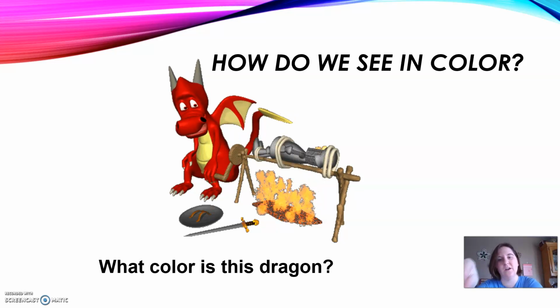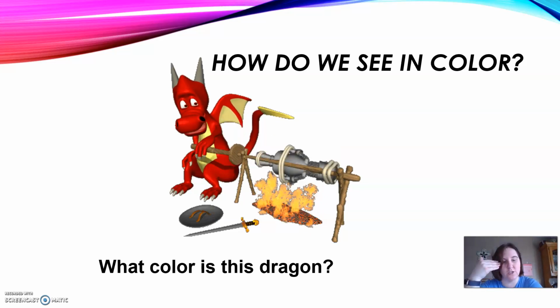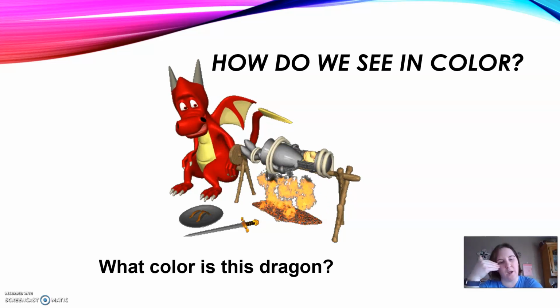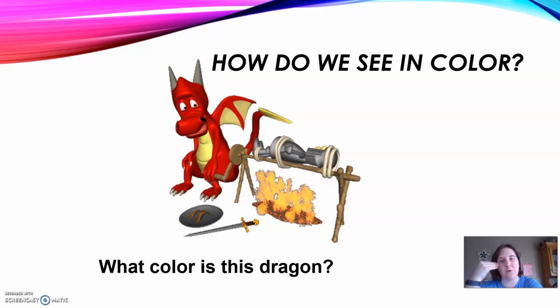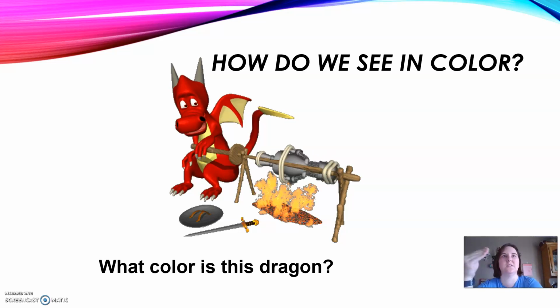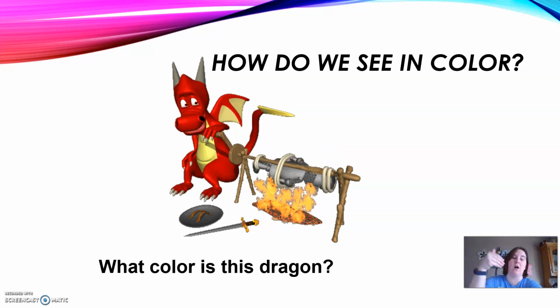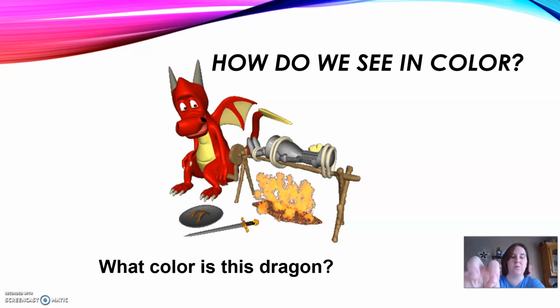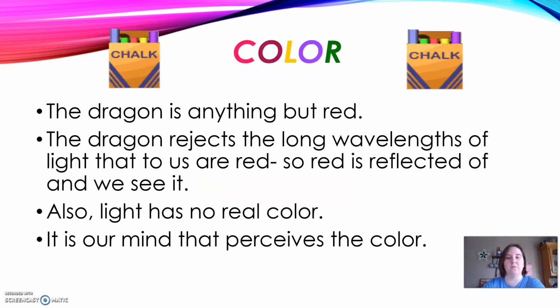Red is the only color that is bouncing off the image, and when it bounces off, it shoots into our eyeballs, and that red wavelength is what is bouncing into my retina, and I'm perceiving it as red. So any color you see on anything around you, it's because that wavelength, or light wave, is bouncing off of it. It's not being absorbed. If it was absorbed, we wouldn't see it. It's bouncing off and going into our eyeballs, and then we perceive the color red.